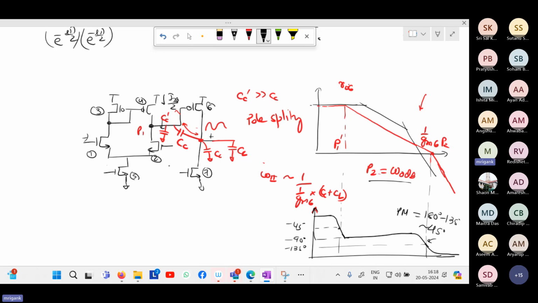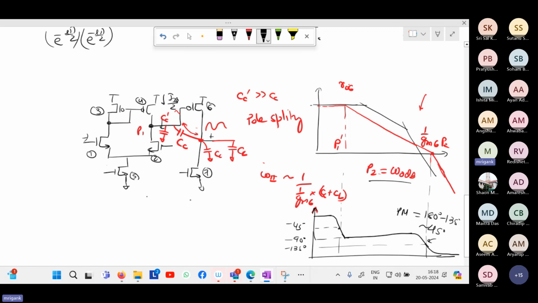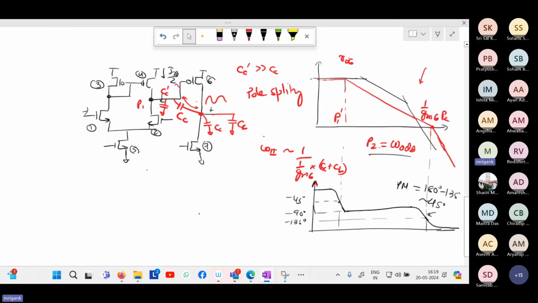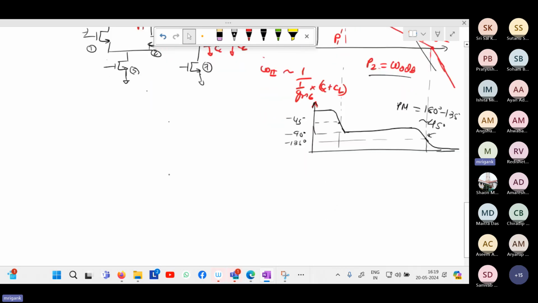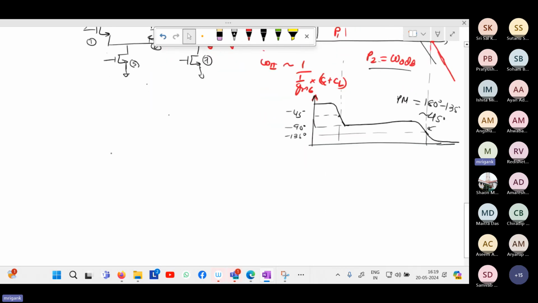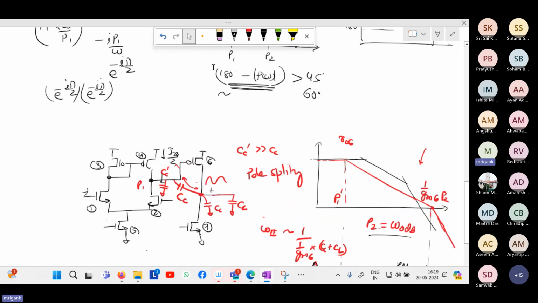Because at advanced nodes, all these compensation schemes become more complicated. Variations are more. People still use this scheme, but we will use an alternate scheme where this problem does not occur. So let us look at that alternate scheme. This is called Miller compensation, whatever we just discussed.